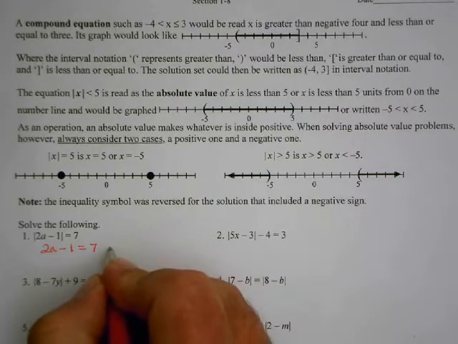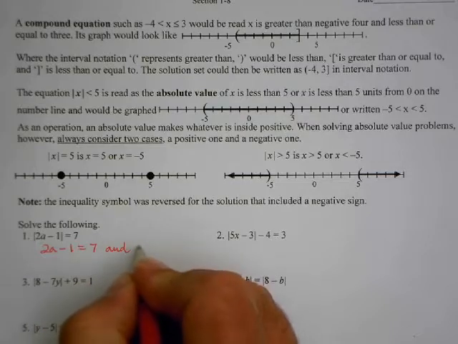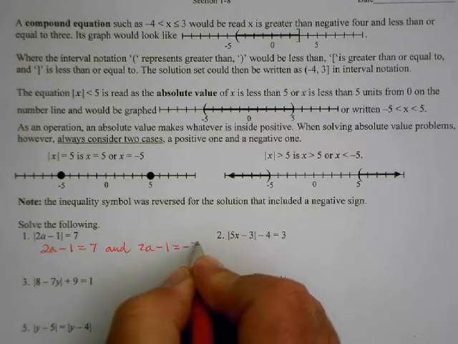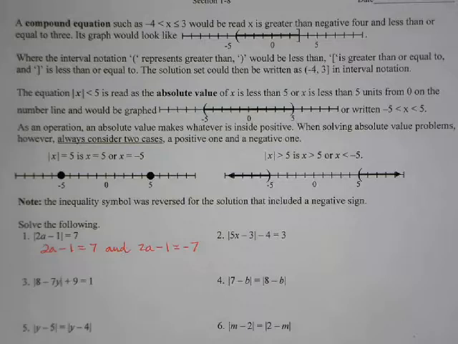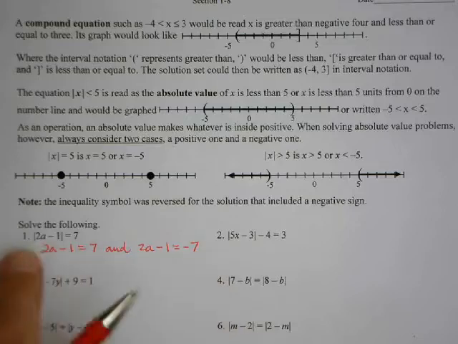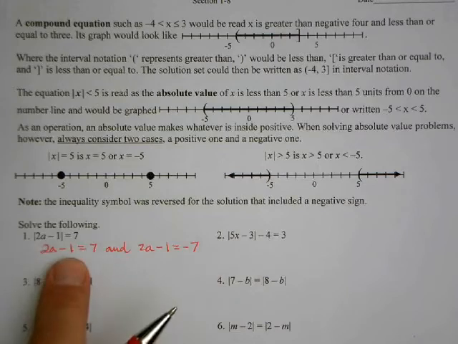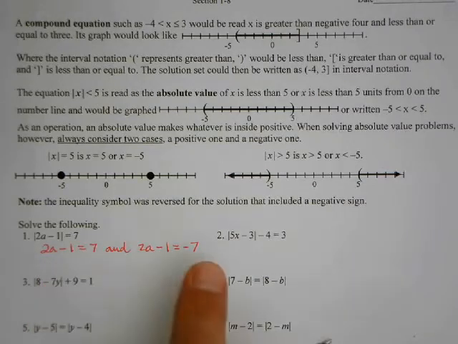The second one will be written this way, because in fact, if 2a subtract 1 did equal negative 7, the absolute value bars would make it be positive 7. So always solve for the positive case and the negative case.